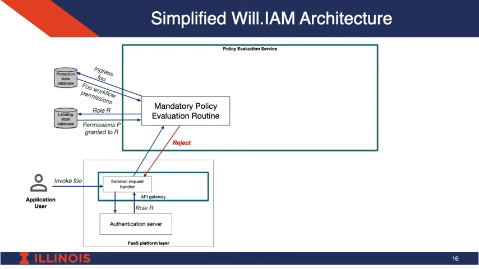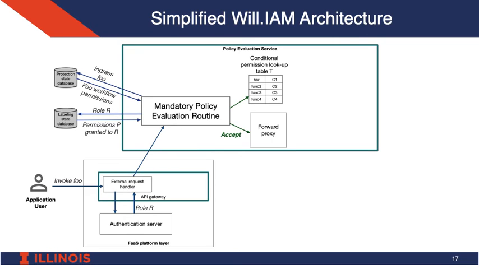If R's granted permissions do not contain all the required foo workflow permissions, it rejects the external request and forwards the decision to the gateway. On the other hand, this routine accepts a request if it has the required data permissions for executing absolute function invocations in its trajectory through the workflow.